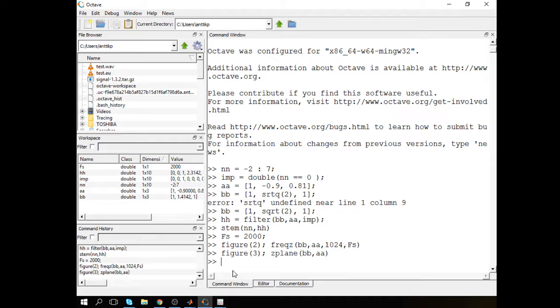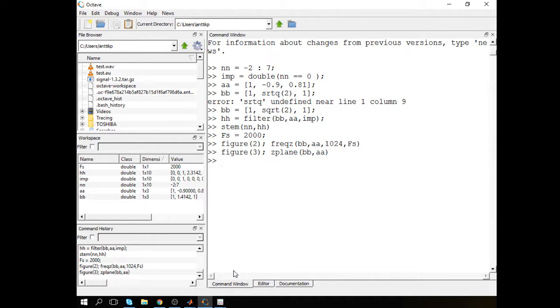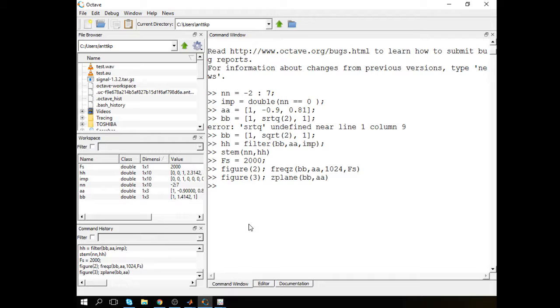So I take the amplitude response, the frequency response. Ooh, wow, what happened? Frequency response FR is the same as freqz of BBAA 1024 FS. By the way, let's not do it like that.